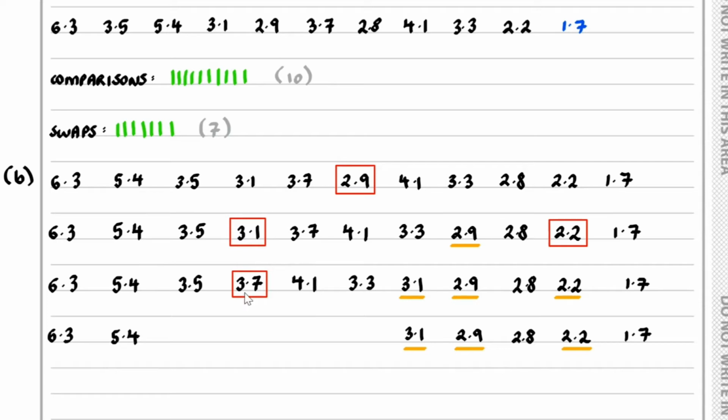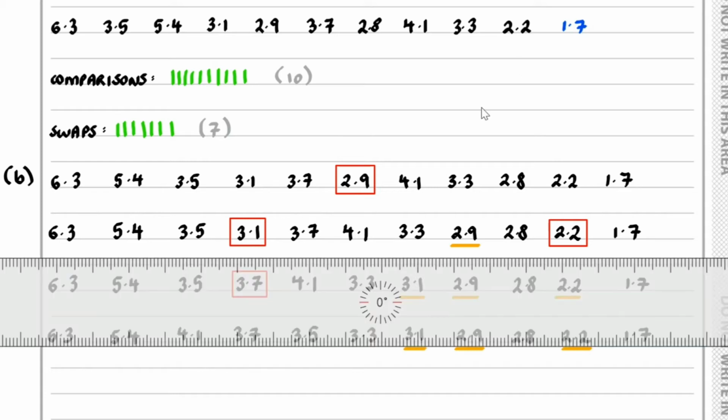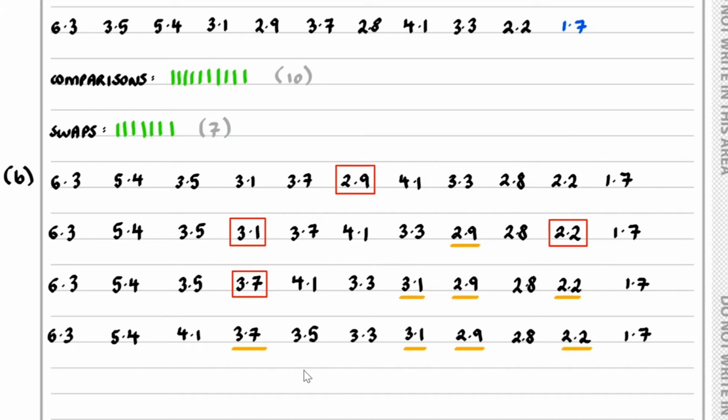However, the 4.1 is larger than the 3.7, which means we would write the 4.1 here, the 3.7 here, and the 3.3 is smaller than the 3.7, which means we have 3.7, 3.5 and 3.3, and then we underline the 3.7, indicating we've used it as a pivot.